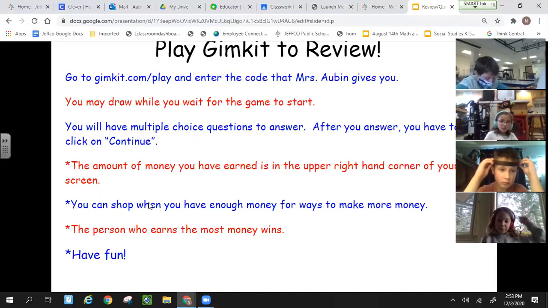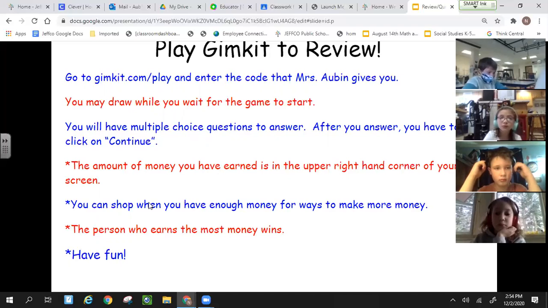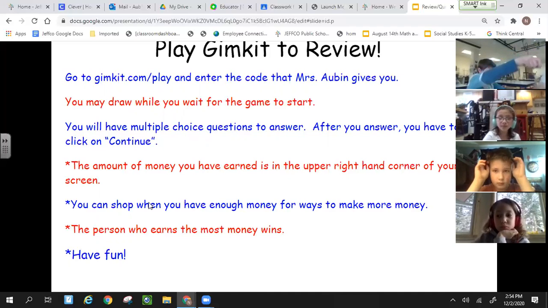Don't do anything yet. When you go to gimkit.com/play, you will be asked for a code. I am going to tell you what that code is, and then I can show it to you as well. All right? You may draw while you wait for the game to start. There's an option for that.